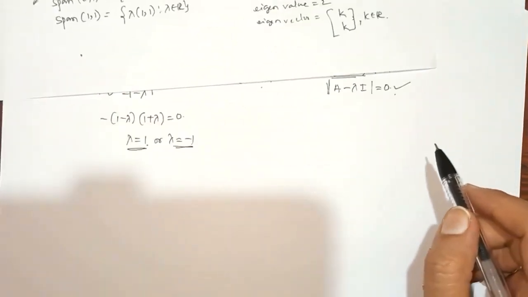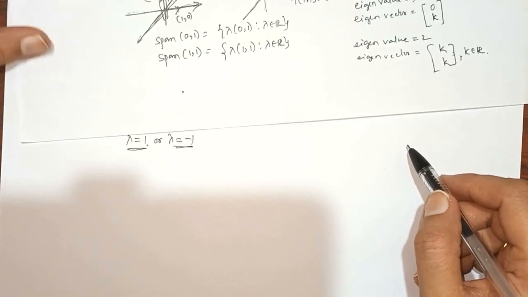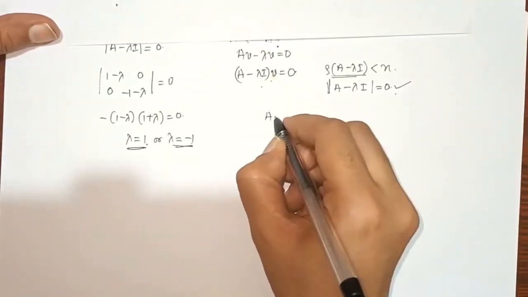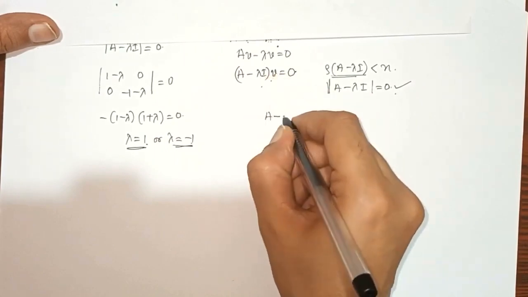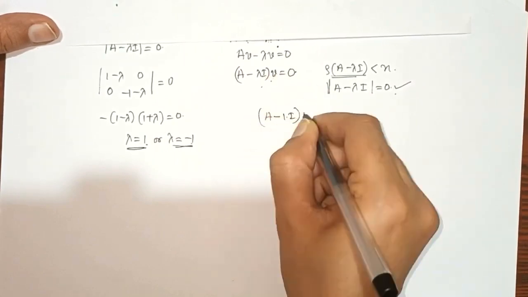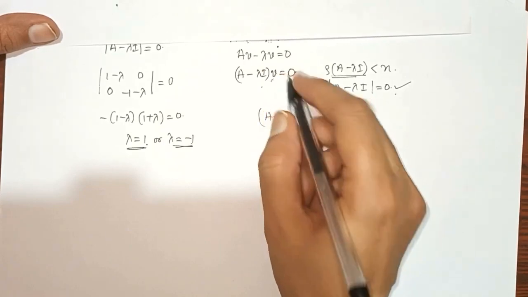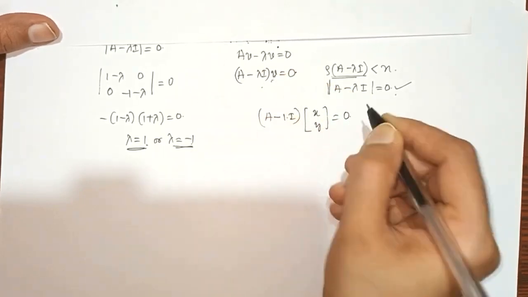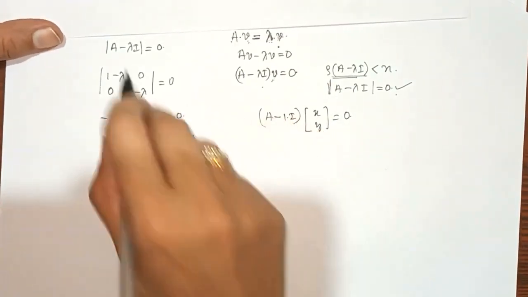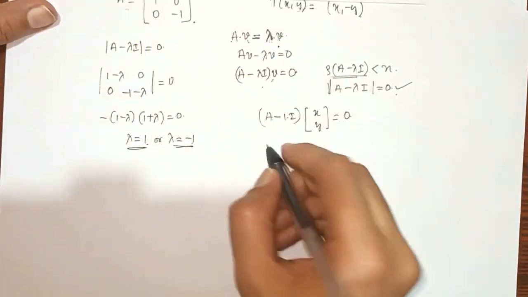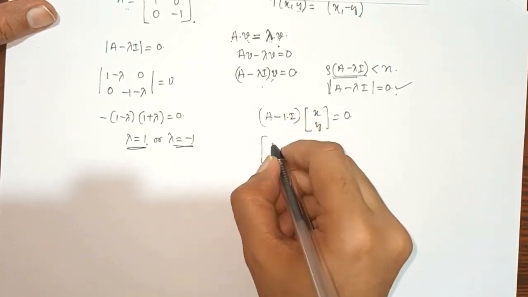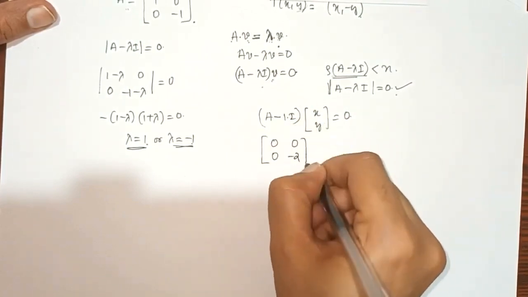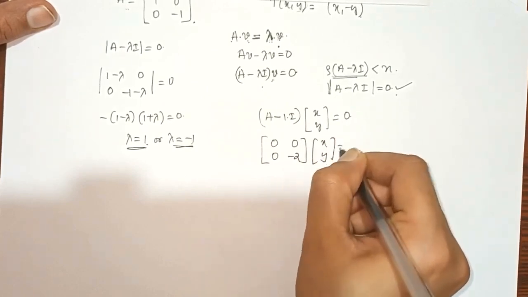Now, to get the corresponding eigenvectors, algebraically what we do is we substitute here A minus lambda, which is A minus 1 into I, into that vector v. It is a two-dimensional vector, so I'll take x y is equal to 0. A minus I: this is the matrix A, from this you subtract I, that is 1 minus 1, 0, 0, minus 1 minus 1, which is minus 2, into x y, which is equal to 0.